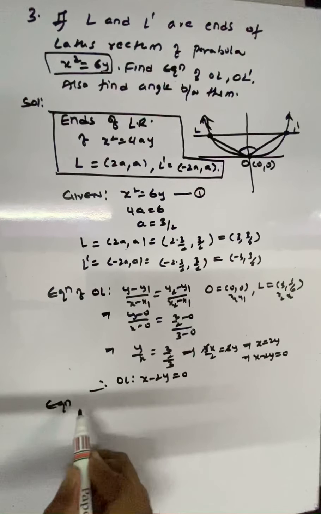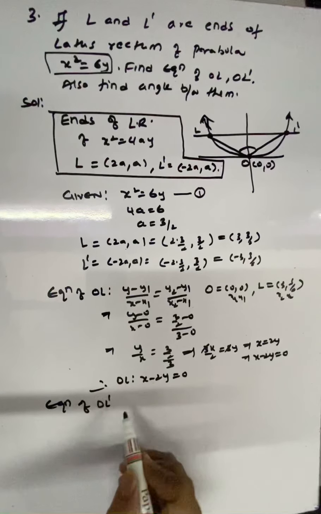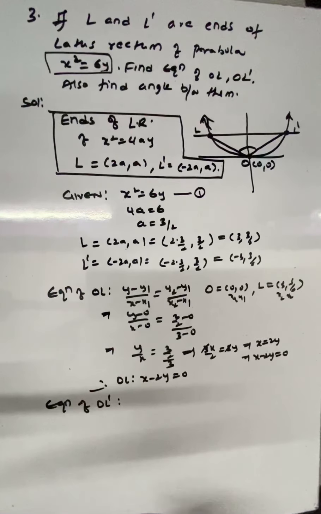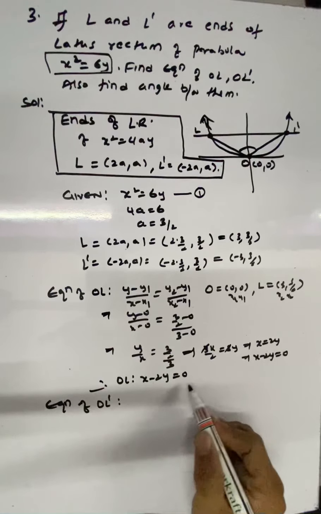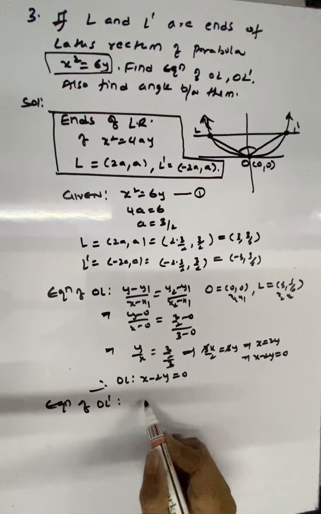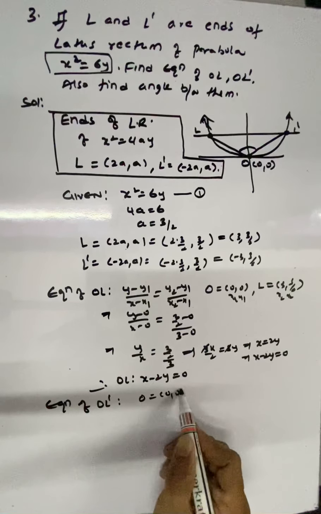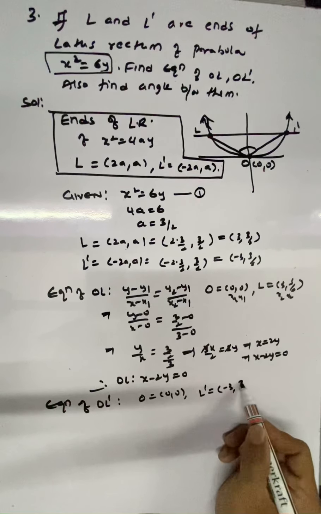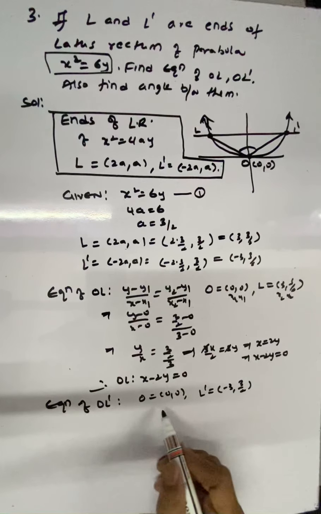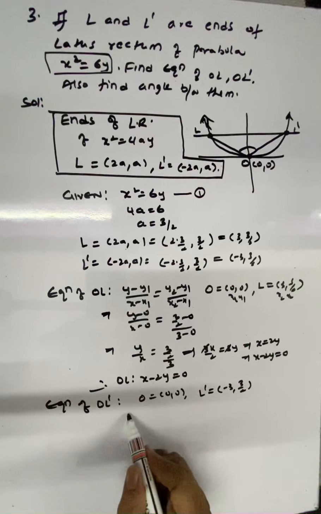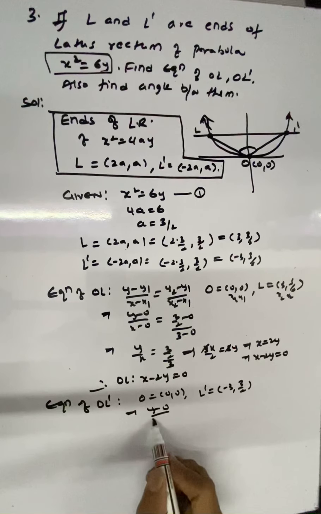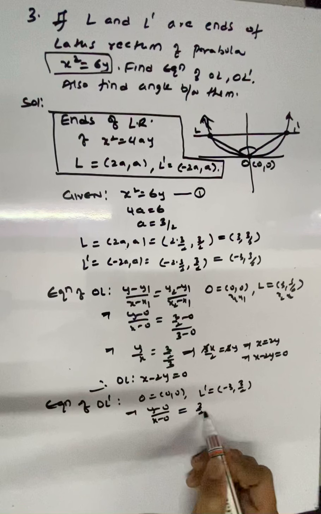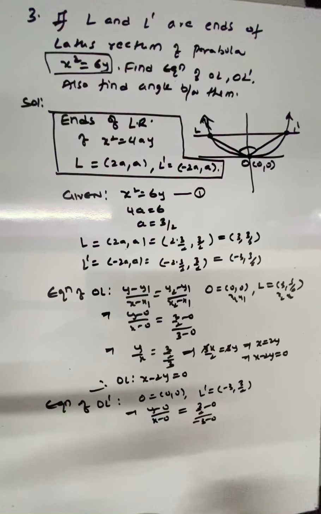Then we have to find the equation of OL dash. For the equation of OL dash, same formula. We have points O and L dash. Same as in first year, whatever you have done for finding the line equation, x1 y1 x2 y2, (y minus y1) by (x minus x1) equals (y2 minus y1) by (x2 minus x1).